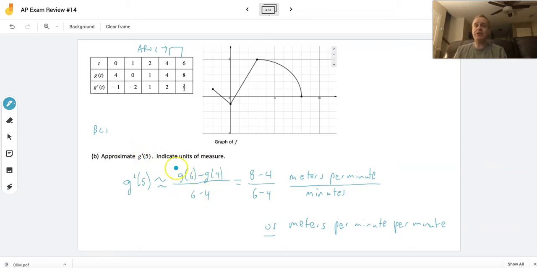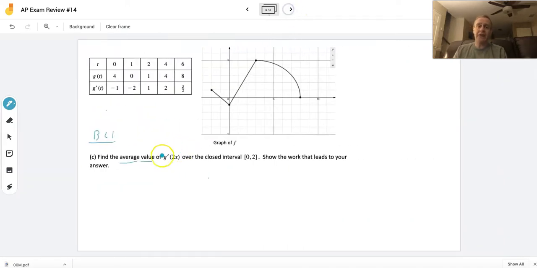An average rate of change is just a slope calculation, but for the average value of a functional expression, you will always want to set up this definite integral expression.